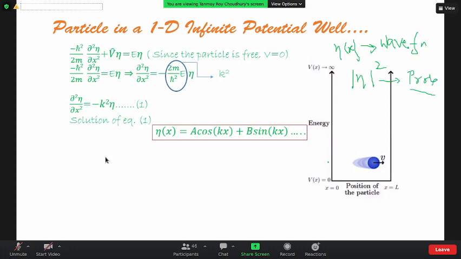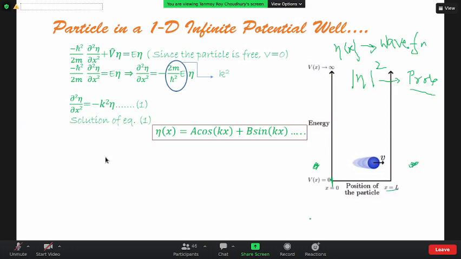Now tell me, what is the probability of finding the particle to the left of x equal to 0? Yes, 0. And what is the probability of finding the particle to the right of x equal to L?